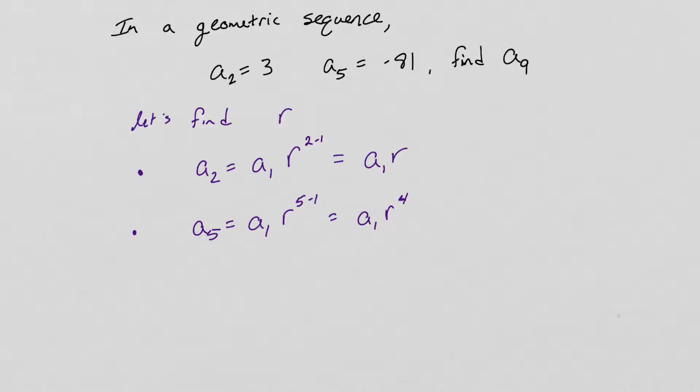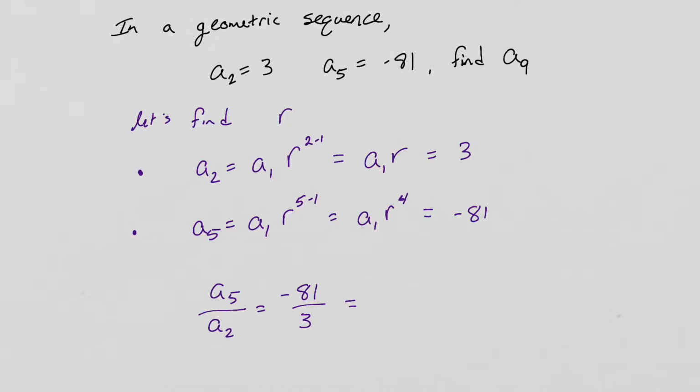Now, we know what A2 and A5 are, so we could say this is equal to negative 81, and this thing up here is equal to 3, and we're going to do the following trick. We're going to do A5 divided by A2. Well, luckily we know both of those, so it's negative 81 over 3.